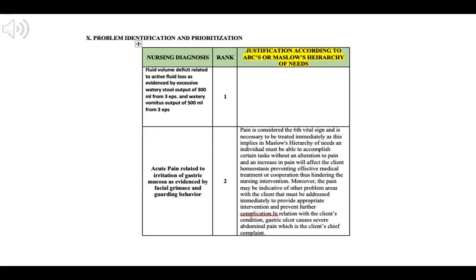I have captured here, shown in the slide, the ranking of the identified nursing diagnoses of our client in EdPuzzle. But I did not capture the other problems. So I would just like to show you a picture.